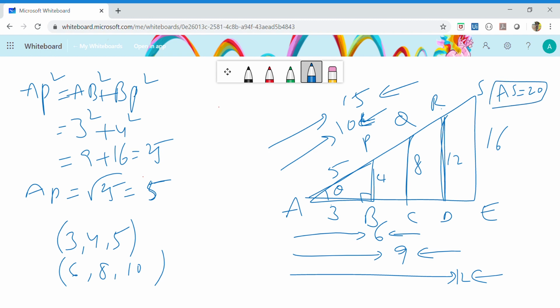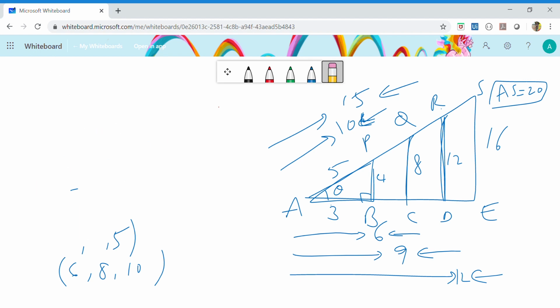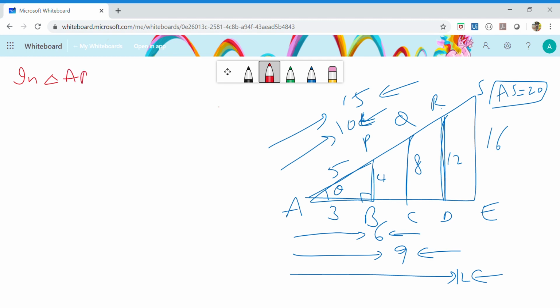20 units. So why I am telling this is, you have to consider, now I will take each triangle. In triangle ABP, what is the theta's opposite side? Just now I explained the opposite side to theta and adjacent side to theta.